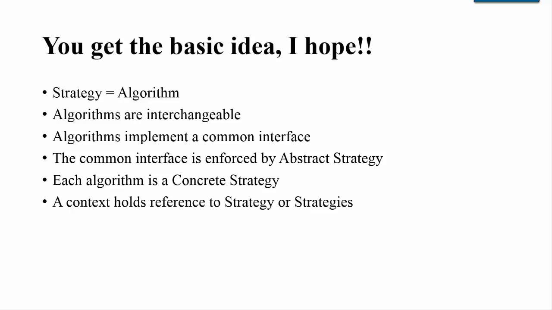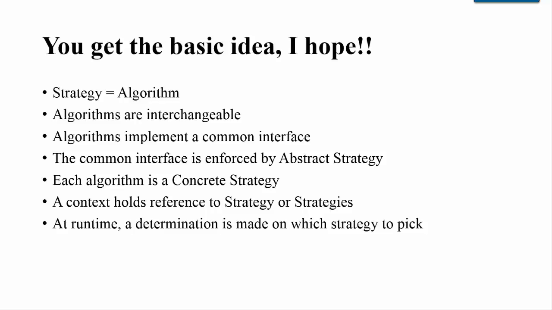The context object holds a reference to a strategy. So in our example, our cleaning robot could hold a reference to just one of the tools, but sometimes a context object can hold references to multiple strategies.